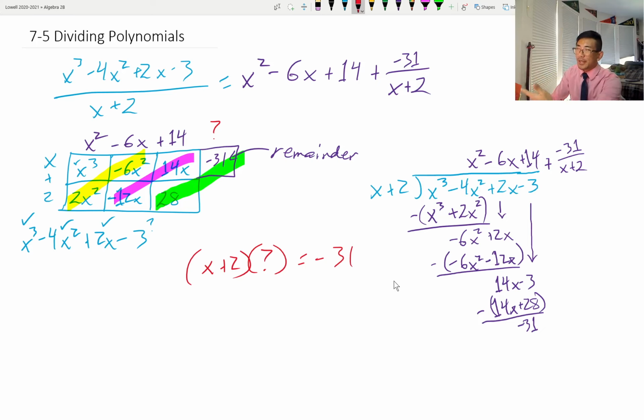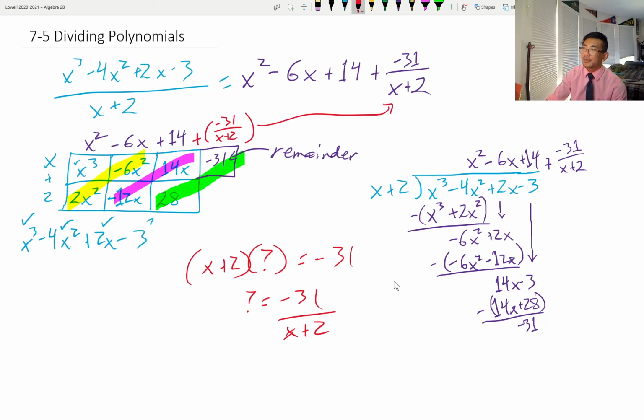And we don't want to add too many things here, because if we keep doing that, we'll be stuck forever. But the answer to the question mark is, you just divide both sides by x plus 2. So this really should be the remainder, plus negative 31 over x plus 2. And that's where this piece comes from.